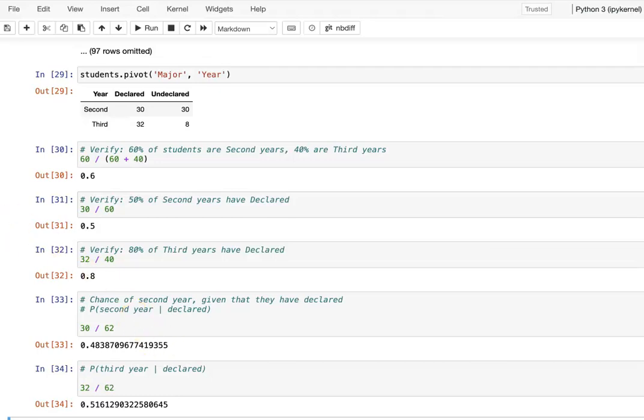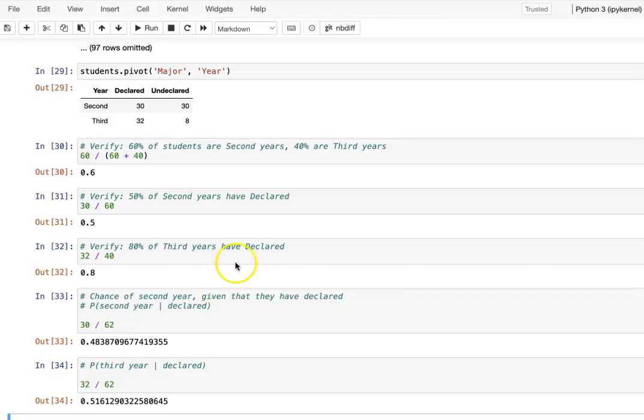So that's our example about conditional probability. Did you get that right? Earlier we knew third year is more likely, but if we want to know the actual chance for each one, you need to know how to calculate that. This is what we call conditional probability.